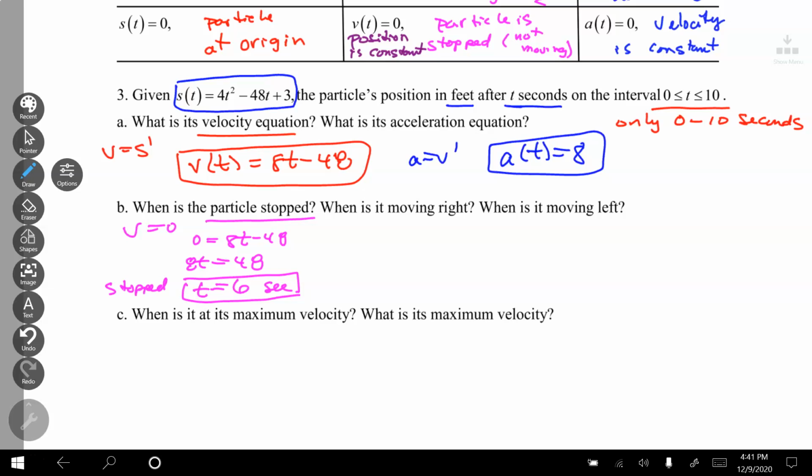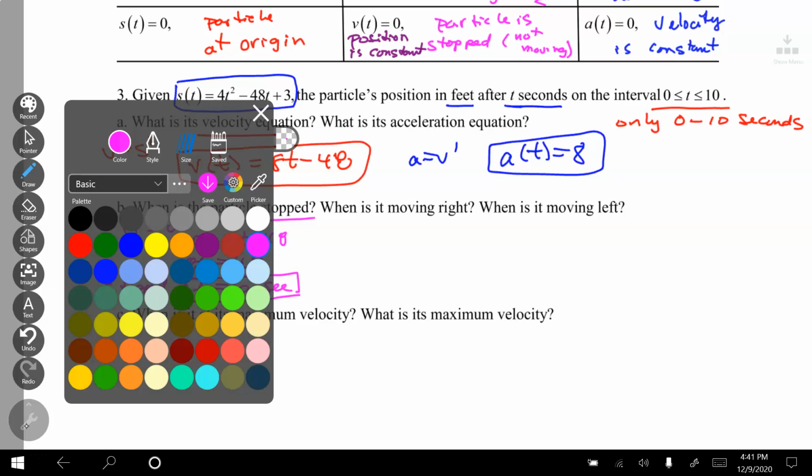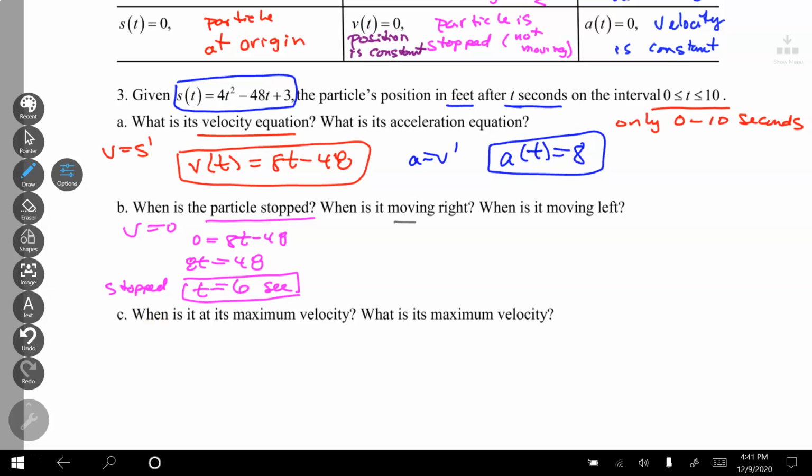Okay? When is it moving left? Well, when is it moving right? Well, guess what I'm going to do? I'm going to do a number line again. Here's my number line. But this isn't going on forever. It starts at 0 and ends at 10, based on what I had earlier. I'm going to put 6 on this number line.